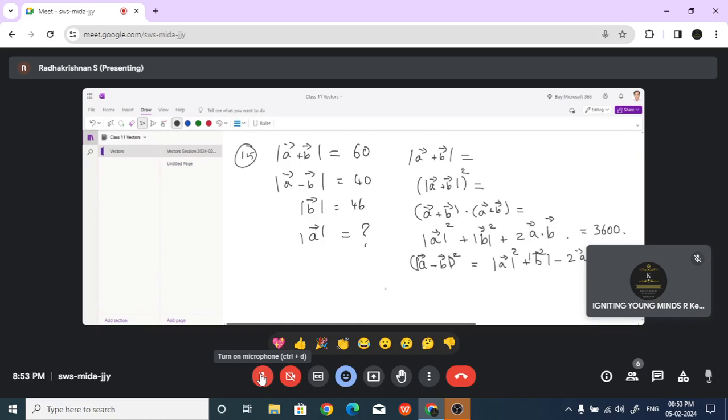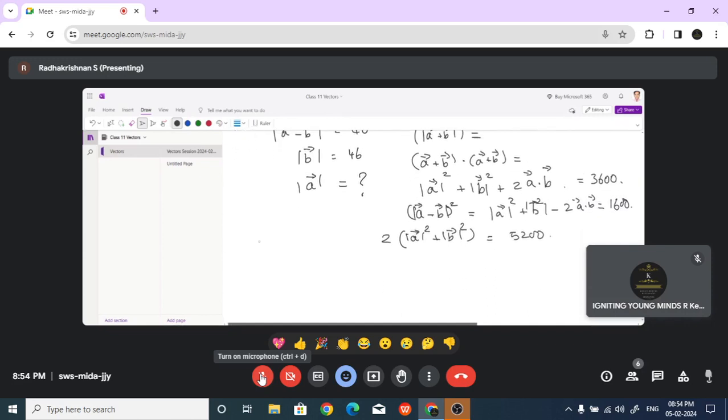What do you get? 2 times a square plus b square is equal to 5200. Or a square plus b square equal to 2600. 5200 divided by 2.